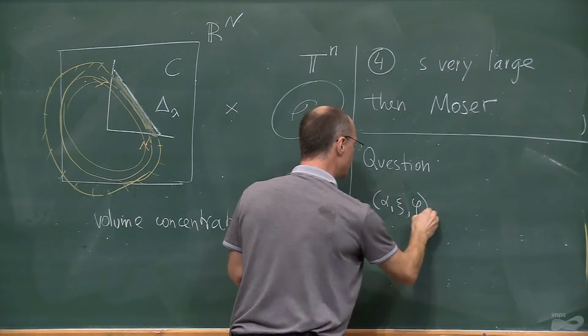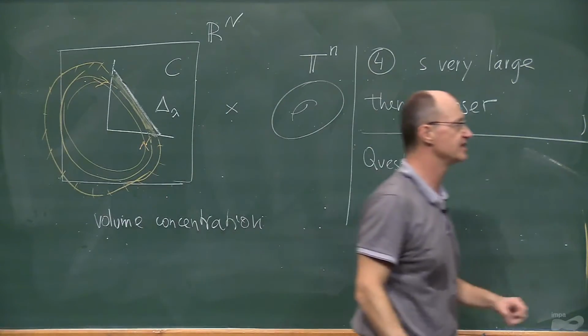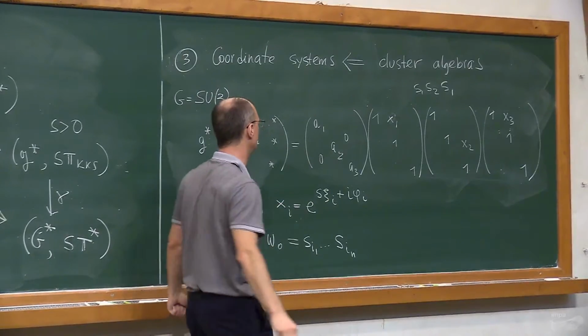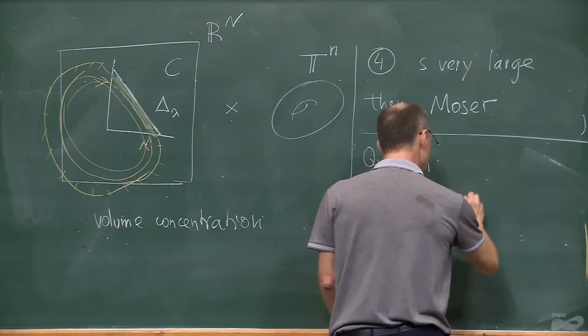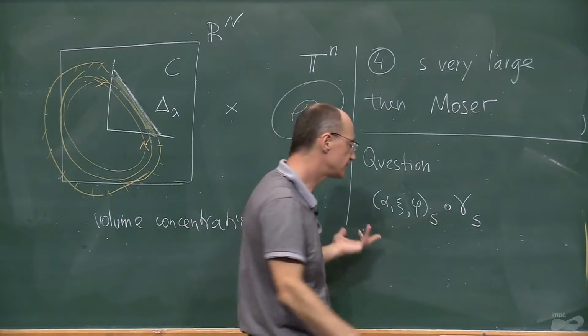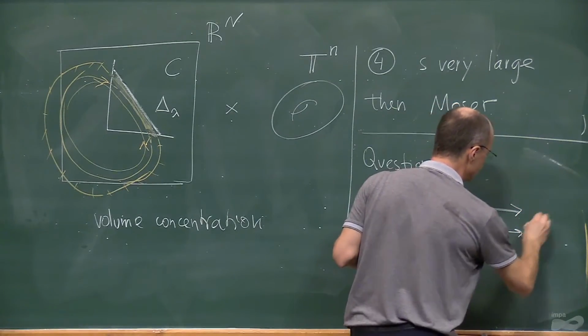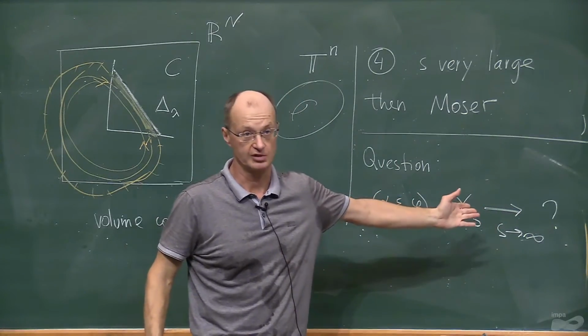We have this coordinate system which depends on S. We can think of it as a map from capital G star to Rn times the torus. And what we are doing, we are composing it with the Ginzburg-Weinstein map. I mean, this would have been ideal if this guy actually converged to something, right?